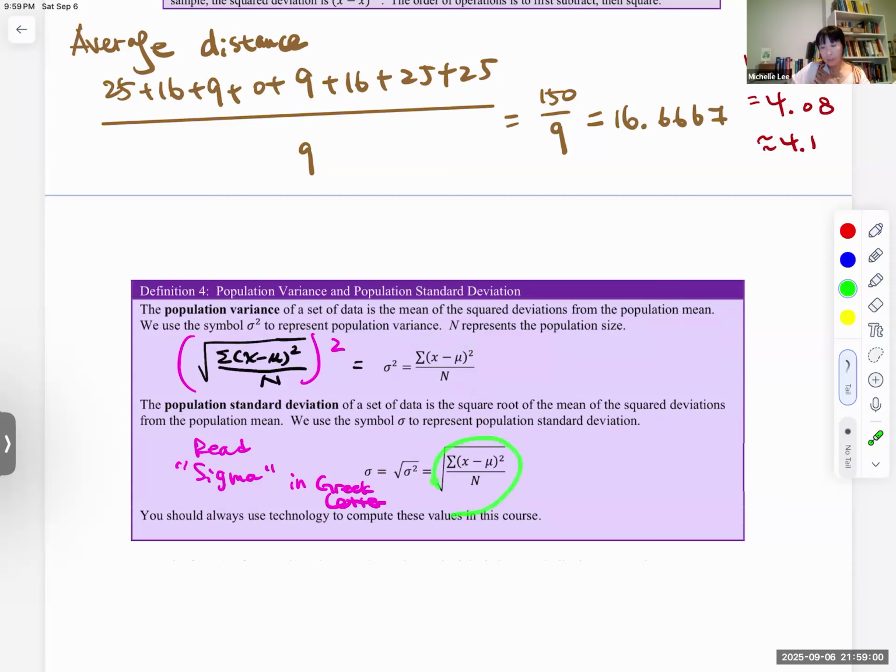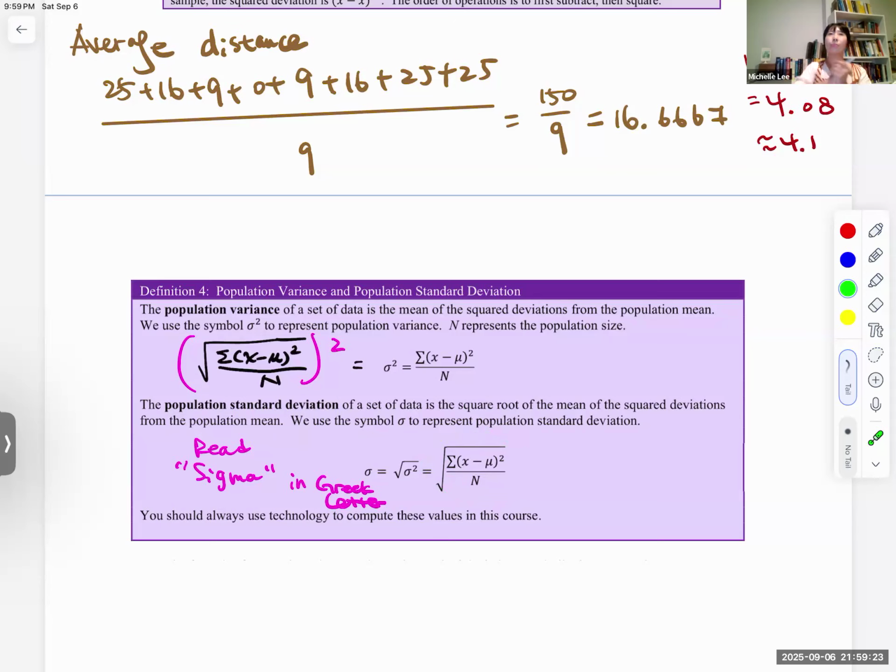So this formula basically comes from that definition, right? What is the definition of standard deviation? The average distance of each data point from the mean, right? Yeah, that is the one.